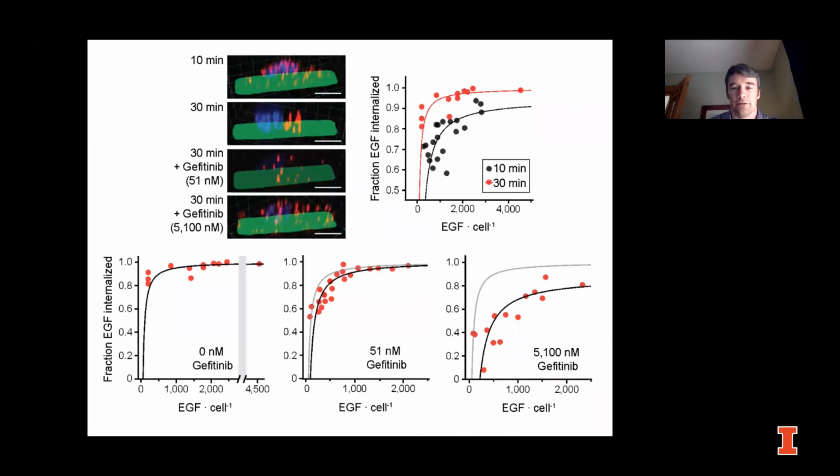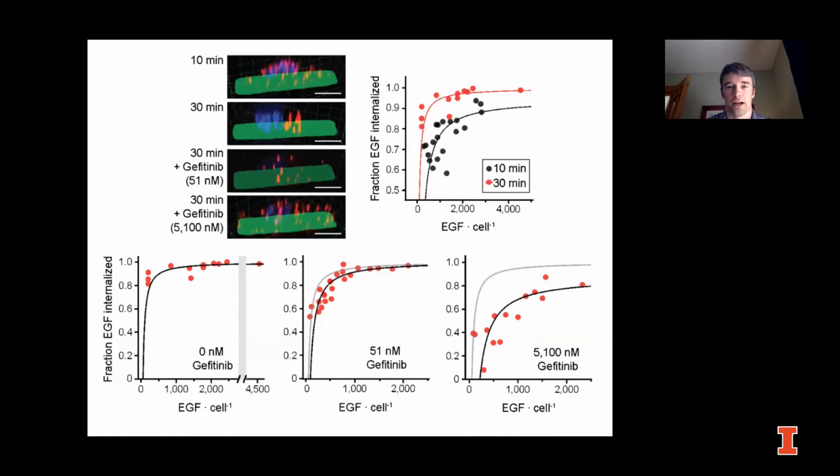So basically, if you have very low stimulation events, which is kind of what's shown on the bottom left here, fewer numbers of EGF per cell, a larger fraction of the events are effectively blocked. High stimulation events, you can't effectively block it. So this gives us an indication of one of the sources of drug resistance being you can oversaturate the biological process that you are targeting with your drug.